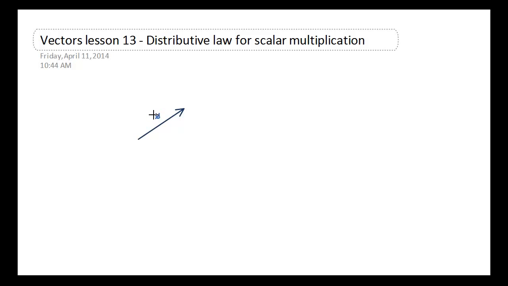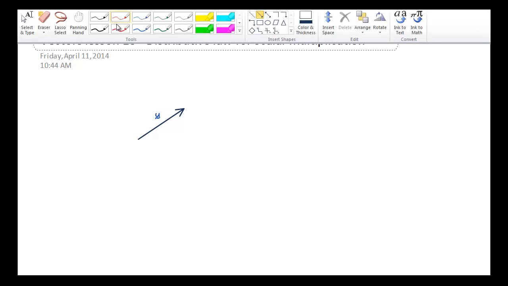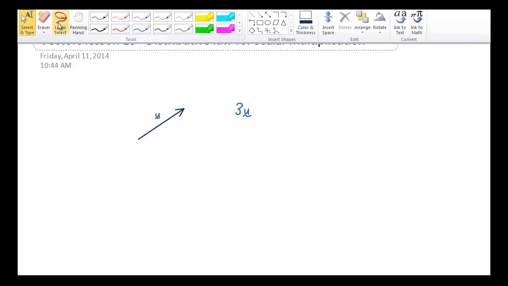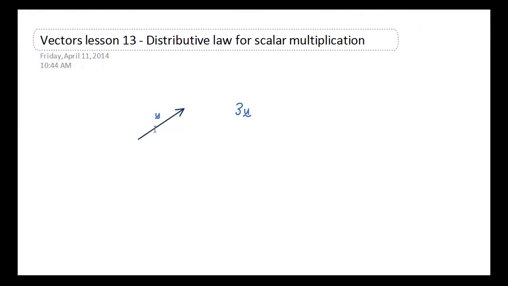For example, if we have a vector here that I'm going to call vector u, and I want to draw a vector which is 3 times u, then what I have to do is basically copy the same vector again, but make it 3 times as long, in the same direction. So this vector here would have the same bearing as this vector, but it is 3 times as long.